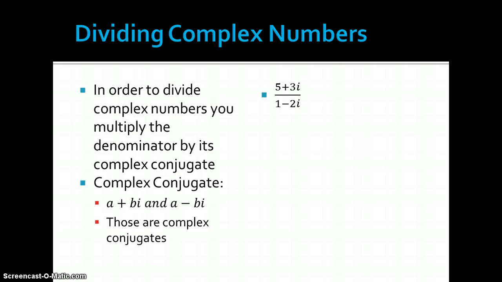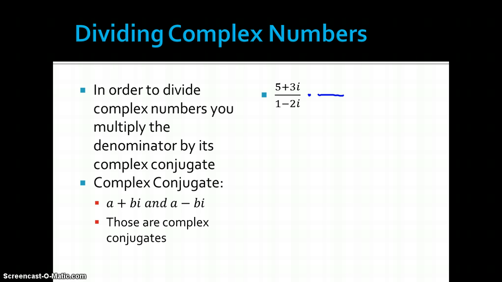So as we look here, a plus bi and a minus bi. So in order to divide, we have to multiply the top and the bottom of this particular fraction by the denominator's complex conjugate.